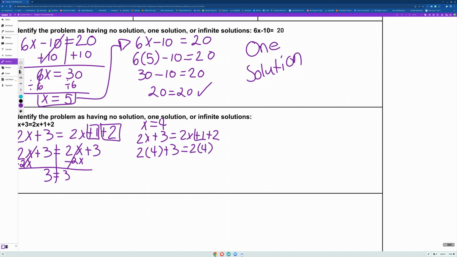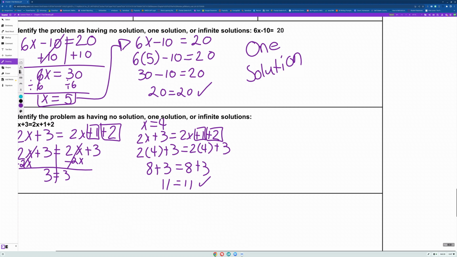I'm also going to use this step to combine my like terms, which is going to give me plus 3. So this is going to equal 2 times 4 is 8 plus 3 is equal to 2 times 4, 8 plus 3. So 11 equals 11. Okay, so there's another piece of evidence that this would be infinite solutions.